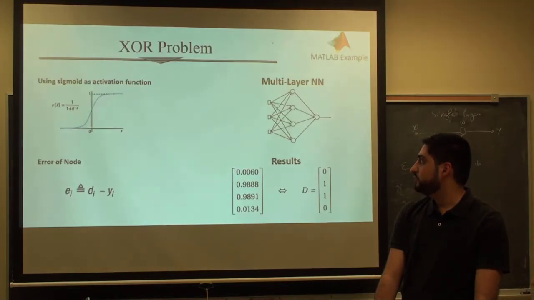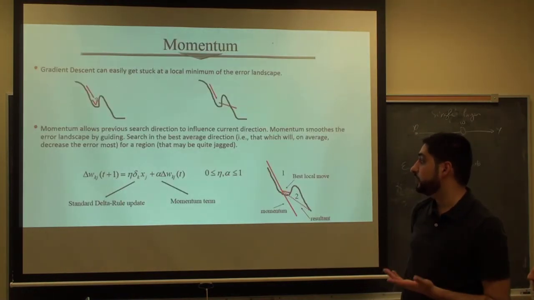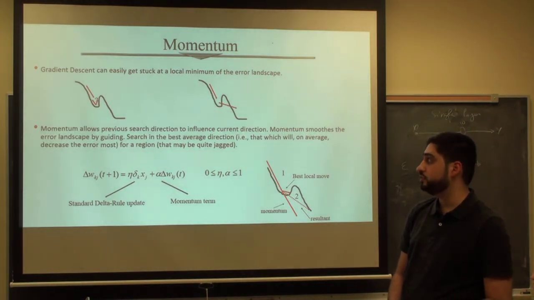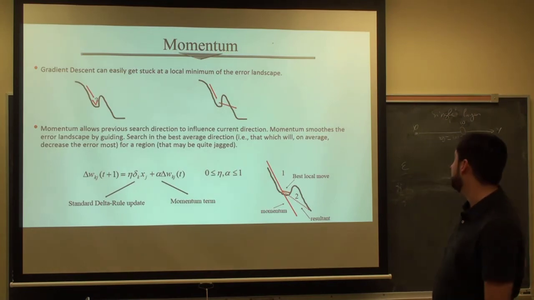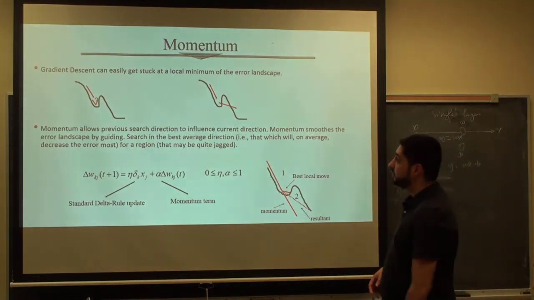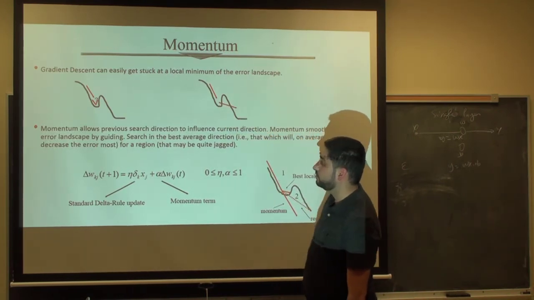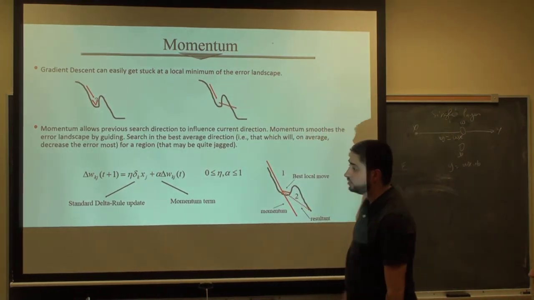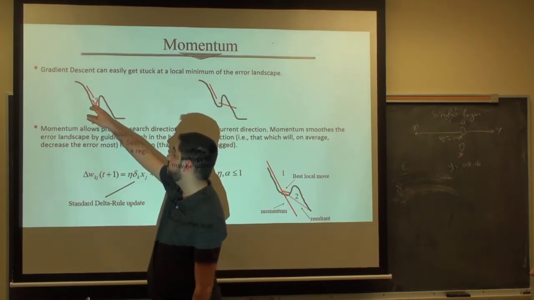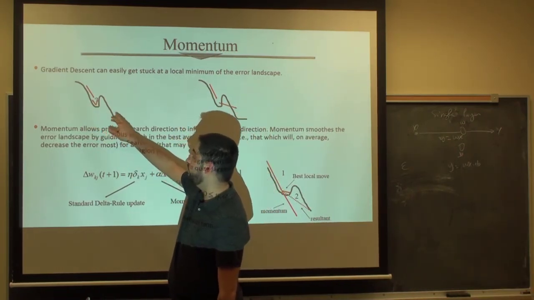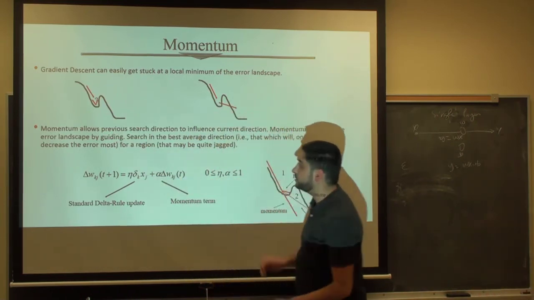Then, as we saw, we can change a lot of parameters and improve our function. One of the more common methods used is momentum. As we talked about in gradient descent, sometimes if you choose a big step size, you're going to miss the global minimum. If you choose too small, sometimes you might get stuck at a local minimum, which is not the global, not the optimized value.